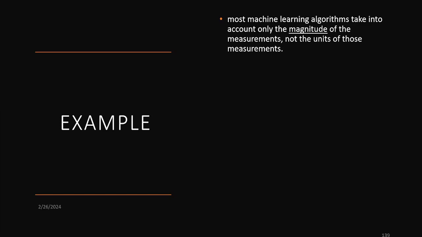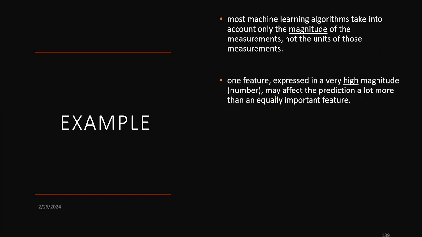It doesn't matter whether you say 1 kilometer or 1,000 meters, it is going to look at that magnitude only. So one feature expressed in a very high magnitude may affect the performance, decision, or prediction of the model.